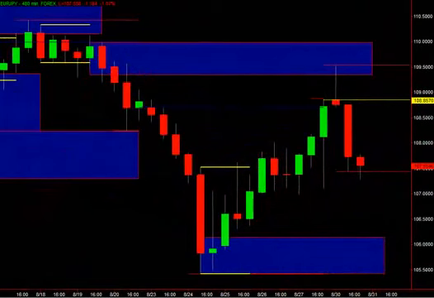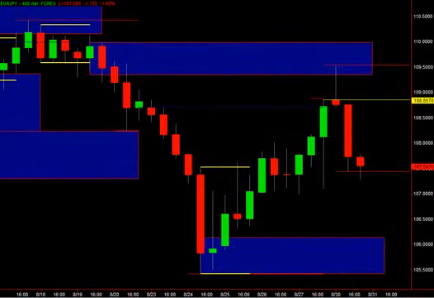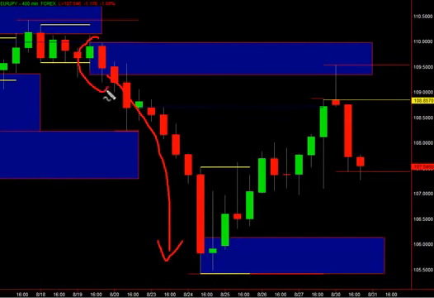Let's just zoom into the chart and take a look at the most recent area of price activity. What we can see is that price has ultimately sold off that big move down. We've got the area highlighted here as an area of interest, and we've also got the bottom of the move here, the low of the move, also as an area of interest.